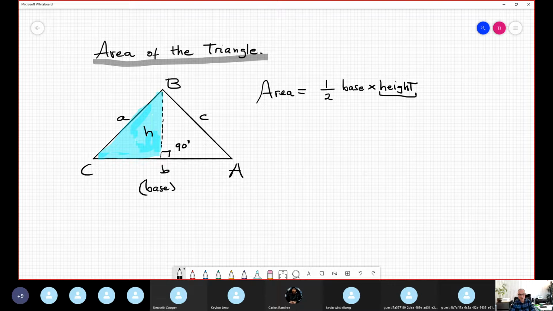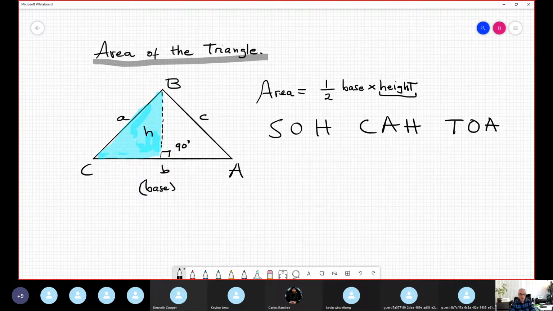Now, I know that sine is opposite over hypotenuse, cosine is adjacent over hypotenuse, tangent is opposite over adjacent. So for example, if you want to find h, according to this angle, by the way, this is angle C, h is the opposite.